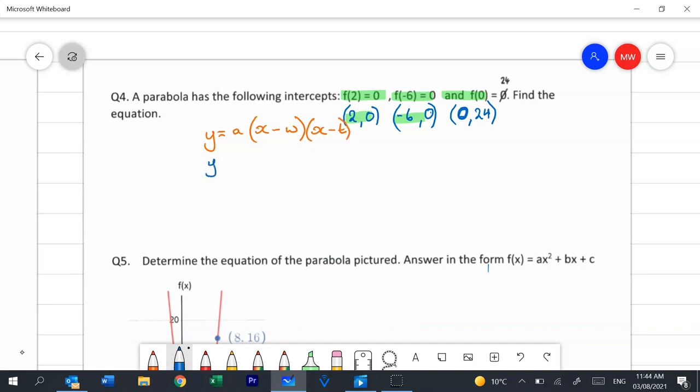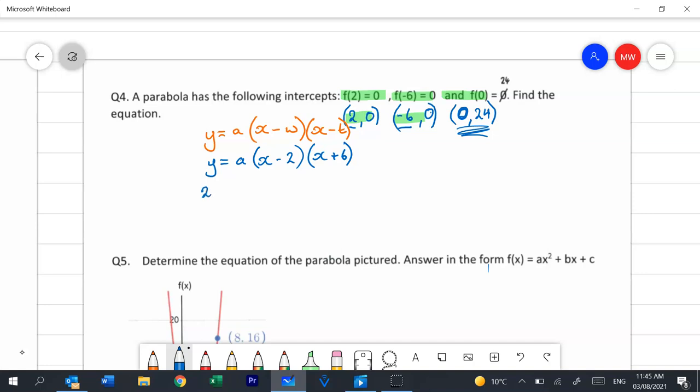So we've got y equals a, which is unknown, (x minus 2), that one comes from here, and we've got an (x plus 6), that one comes from here. Now we've got x's, y's, and a's unknown again, so we will use our y-intercept here as our random point that we steal our x and y values from.